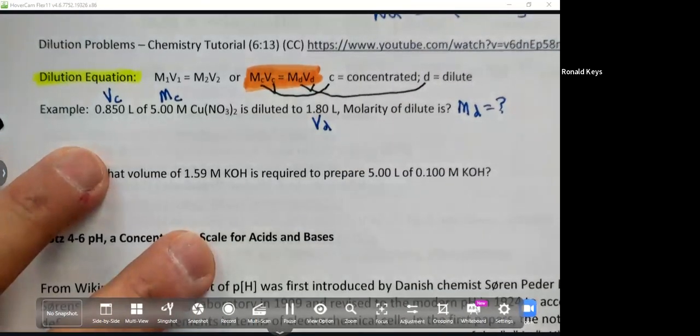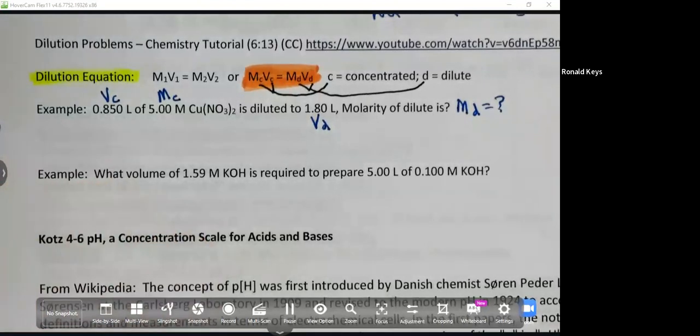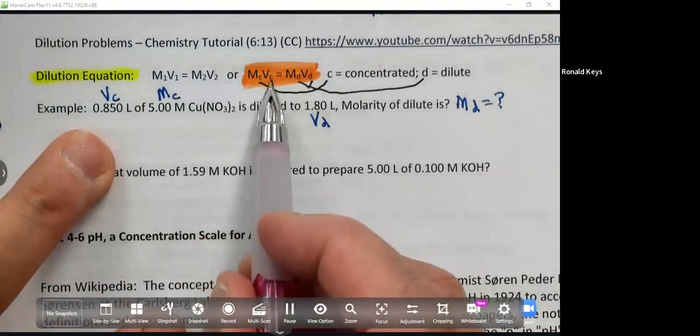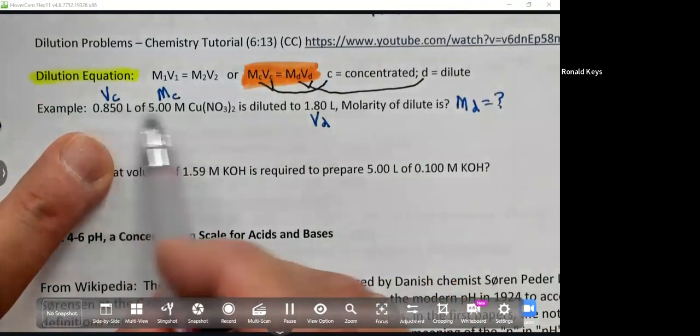So we can just put them into this equation, molarity of the concentrated times the volume of the concentrated, these two here.